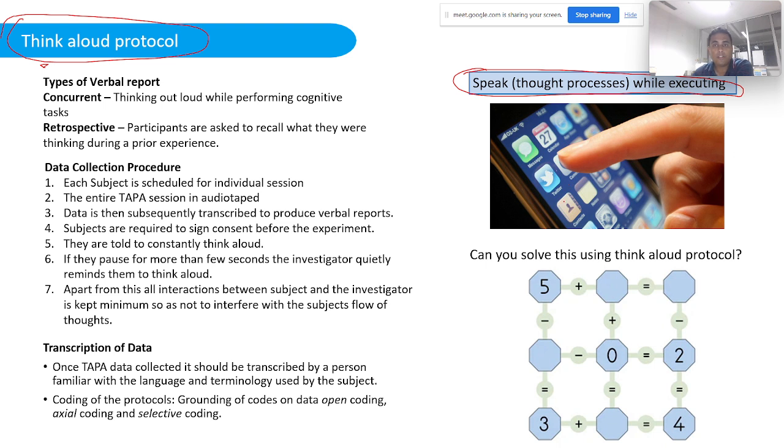Basically, when you try to click, you speak to yourself like, okay, I'm clicking a button which is blue in color. Now once it opens, you speak to yourself, okay, the window opened up.